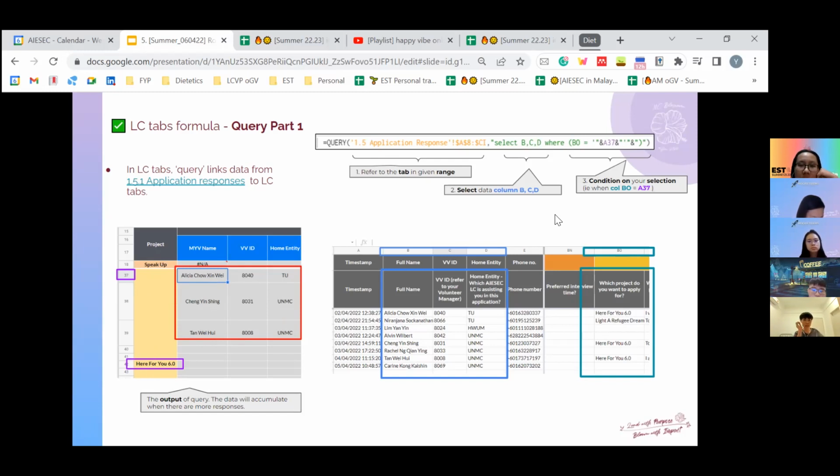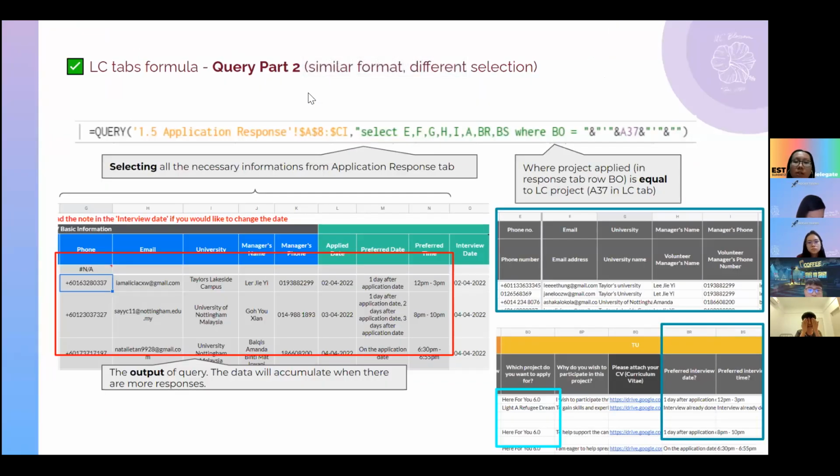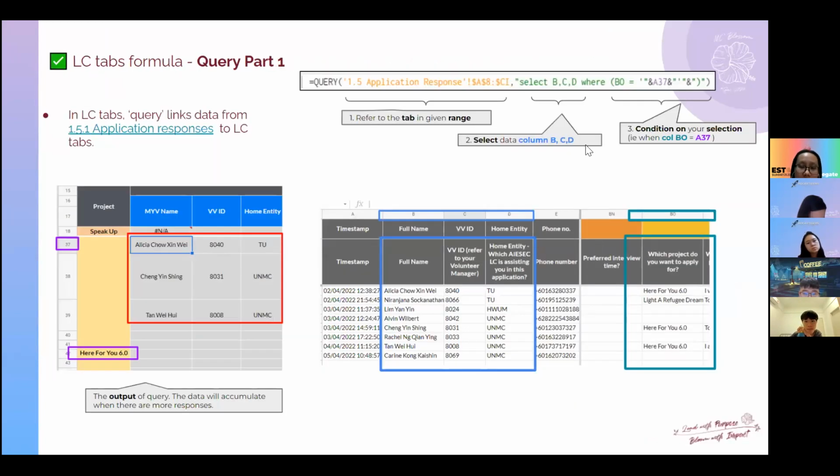Okay, and then the second part is this one. It's a similar format, just a different selection. The front part is the same, 1.5 application responses, CI, and then here is the different part, where you select a different data range. Just now you selected BCD, which is the full name, VVID, and home entity.